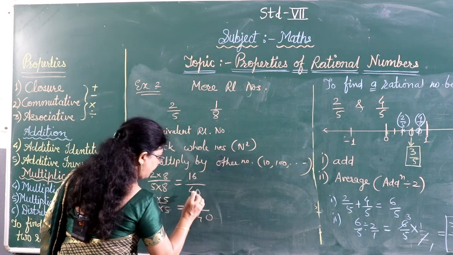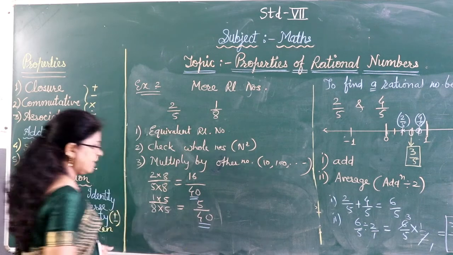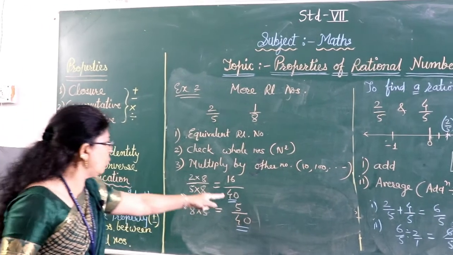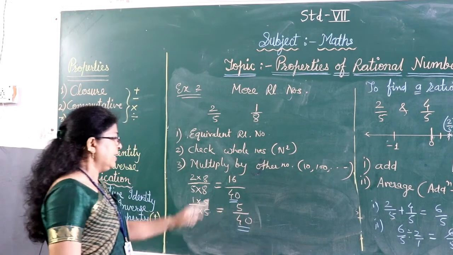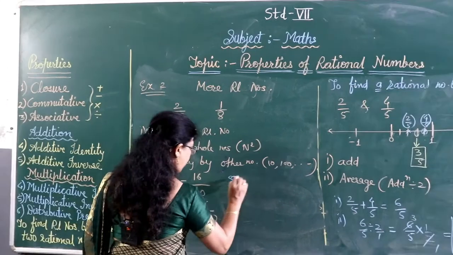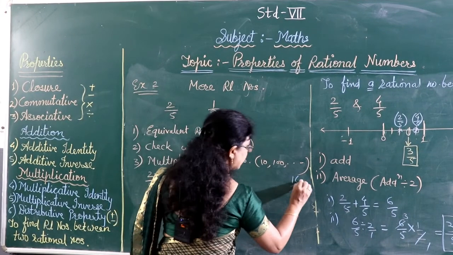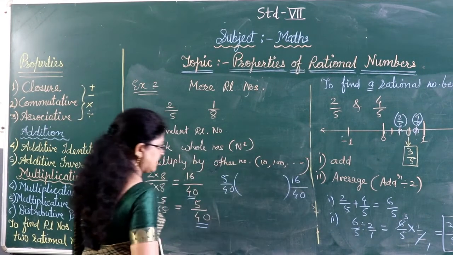Now see, the denominators are the same. In these two fractions, 5 by 40 and 16 by 40, how many fractions lie between them?